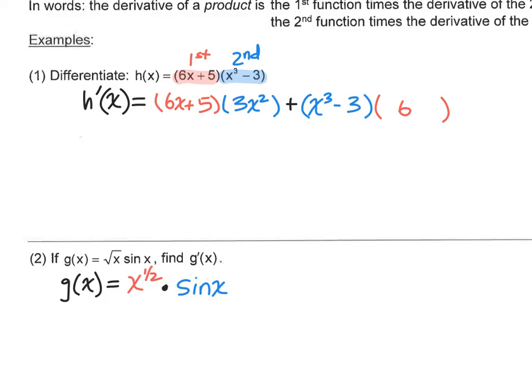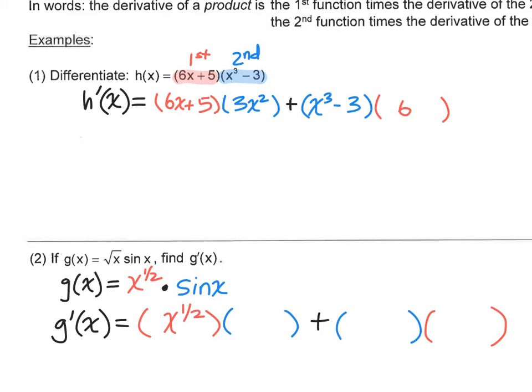All right, so I need g prime of x, which again is the first function multiplied by the derivative of the second function plus the second function multiplied by the derivative of the first. All right, so the first function as is, x to the 1/2.